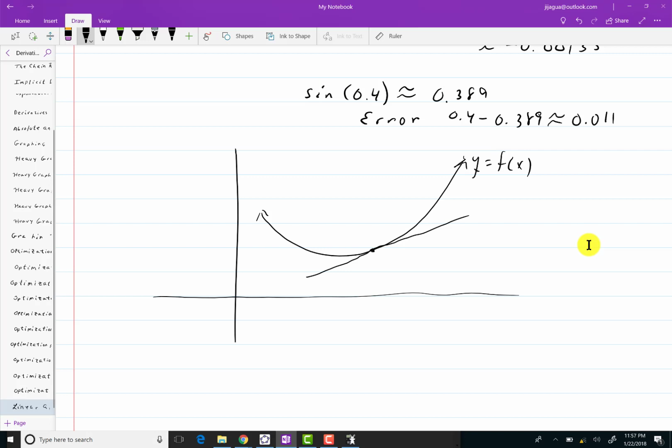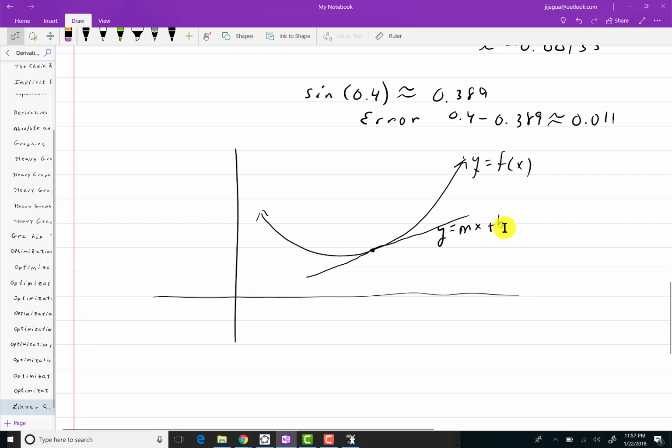And for a small region around there, the accuracy looks like it would be pretty good, especially if the curve is not just a sharp bend. If it has a sharp bend in it, this isn't going to be very good. But if it's more smooth, you can see that these are going to hug each other for a little bit around there. Well, the equation of this line is y equals mx plus b.